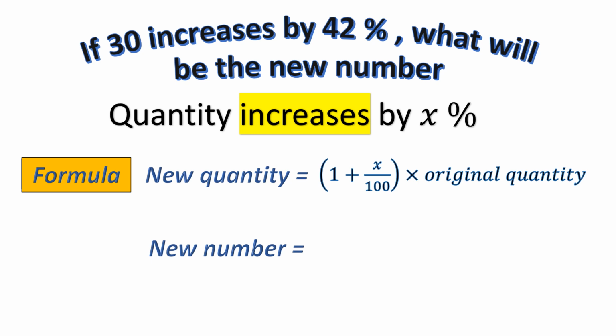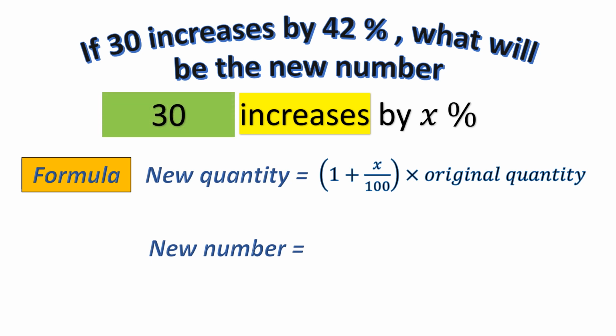Here specifically, new number equals, what is our original number? The original number is 30. What is the percentage increase? That is 42. So let's put these values in the formula: 1 plus 42 by 100, multiplied by the original quantity, 30.